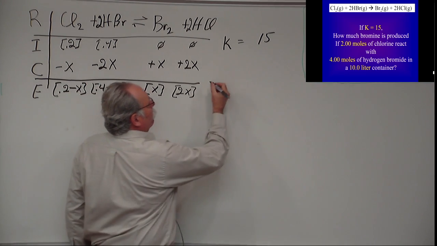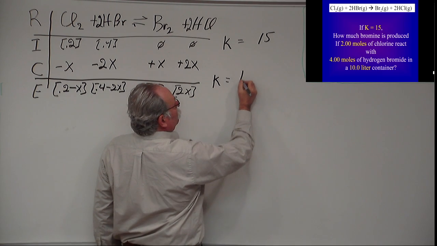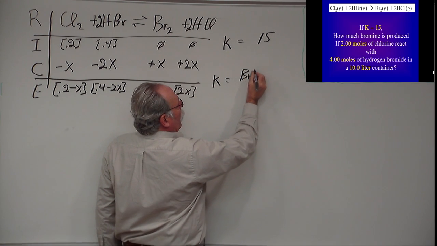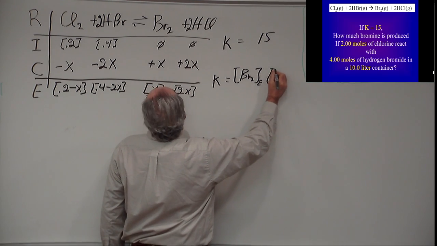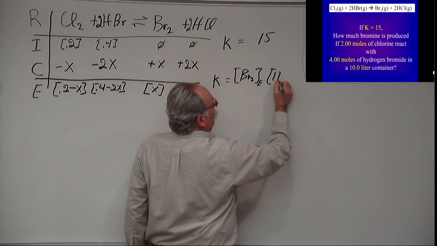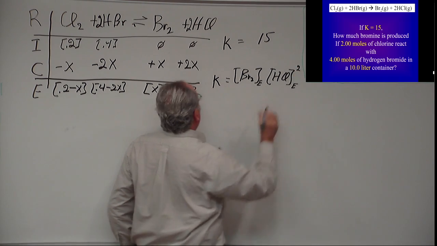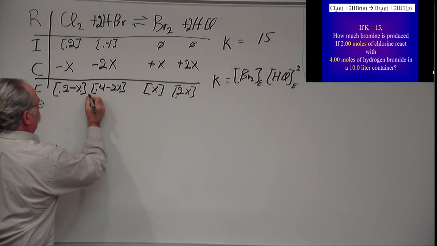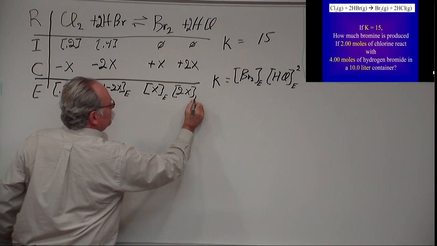Okay, now we need our equilibrium constant expression, K, and K would be equal to the bromine at equilibrium times the HCl, our products, at equilibrium squared. These values down here are the equilibrium values.